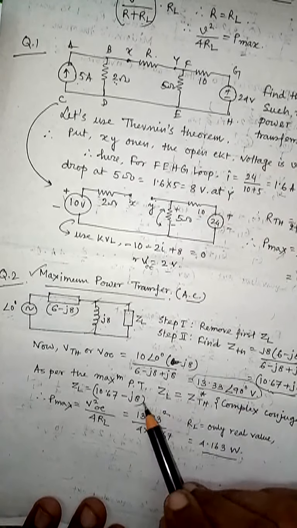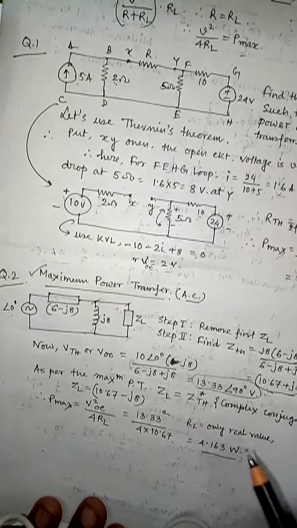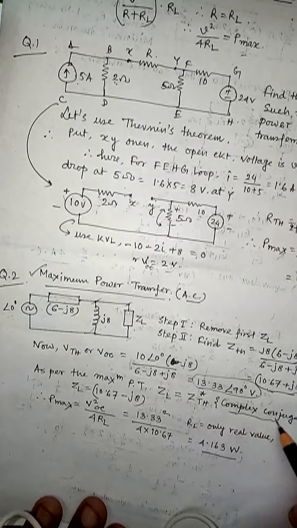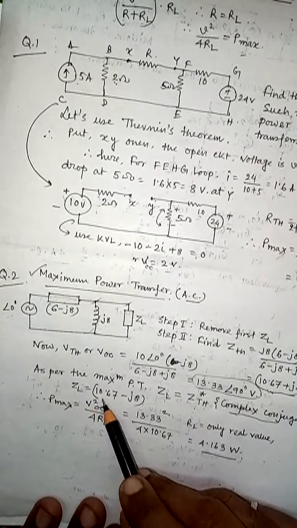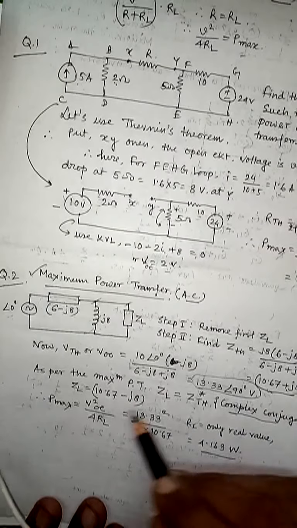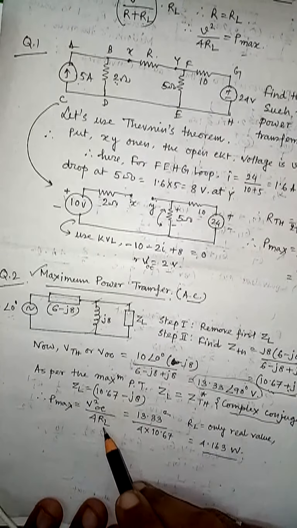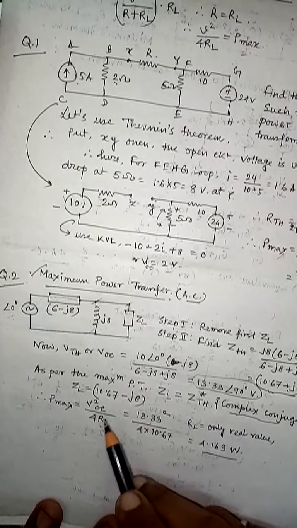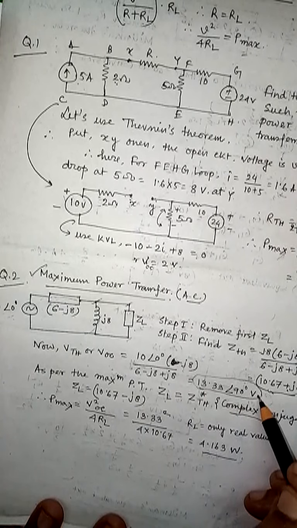Okay, so finally the maximum power, so obviously ZL equals to ZTH. Here it is a complex conjugate, so I make it as a star. So what is the value of ZL? That is 10.67 minus J8. It is plus, so it is minus. So what is P max? That is V square OC by 4 RL. That open circuit voltage we have calculated, that is 13.33 angle at 90 degree.